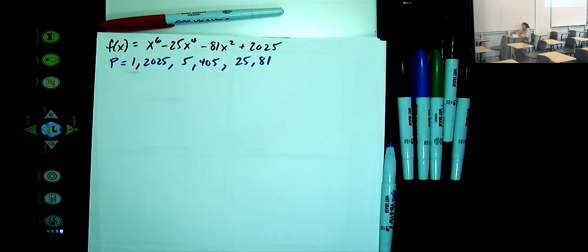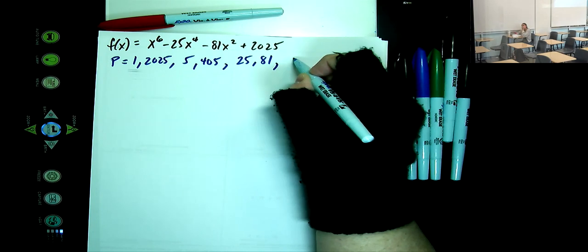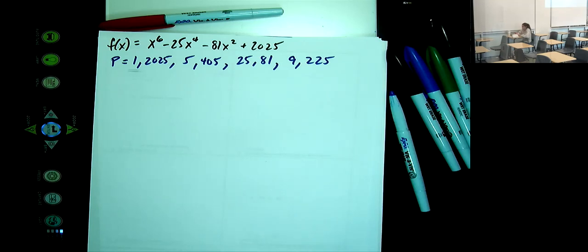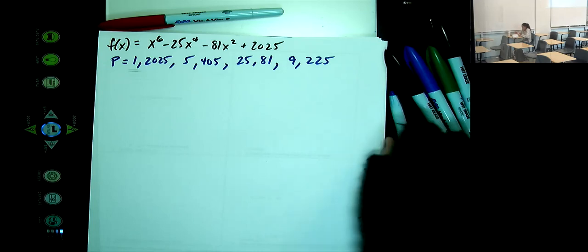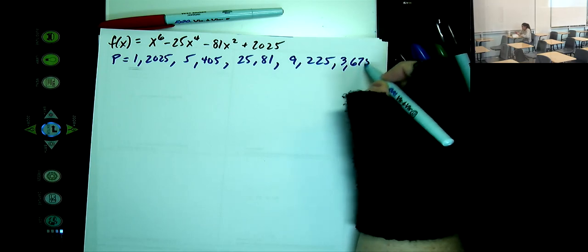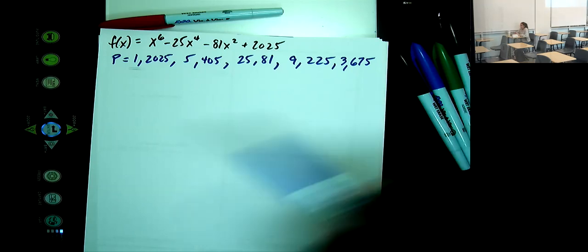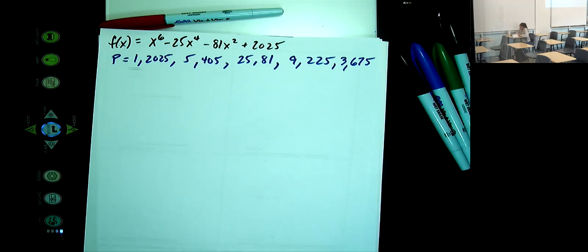Let's check. 2025 divided by 125. No. 2025 divided by 225. Let's try that. All right.